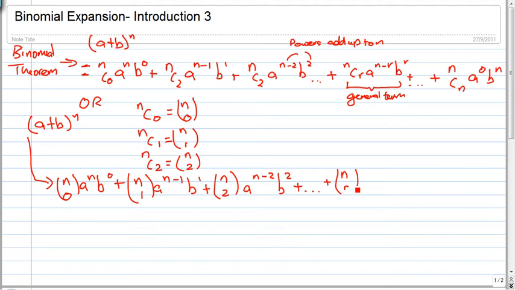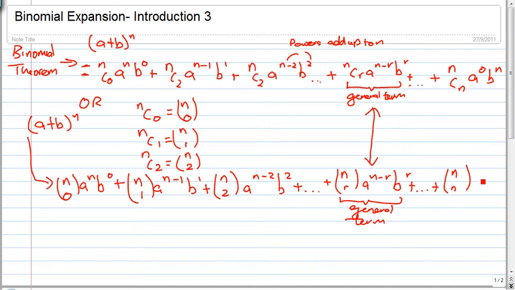Let me just write the general term for you. This is the general term, which is the same, if you realize, as this term. And then finally, the last term. In all cases, the powers of a and the powers of b must add up to n.